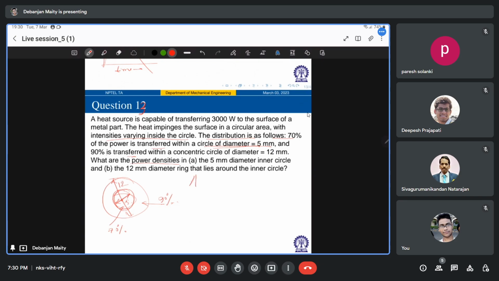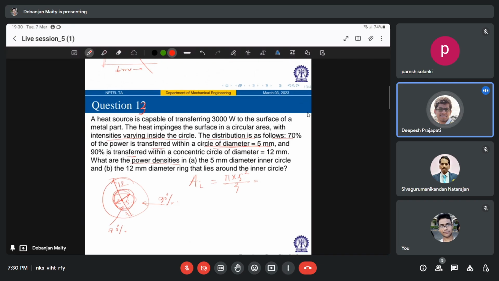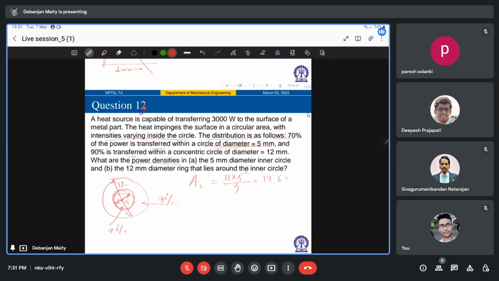So let's say A inner is pi d square by 4. How much is this coming? 19.63. 19.6 mm square.